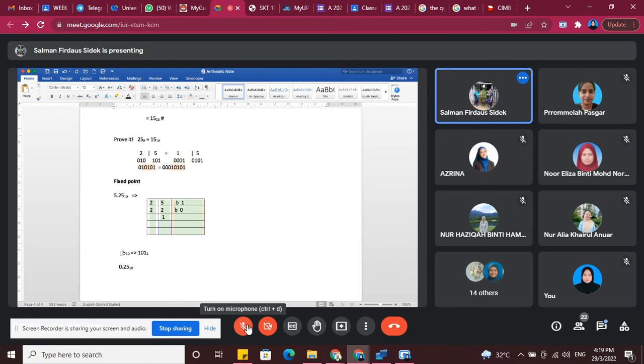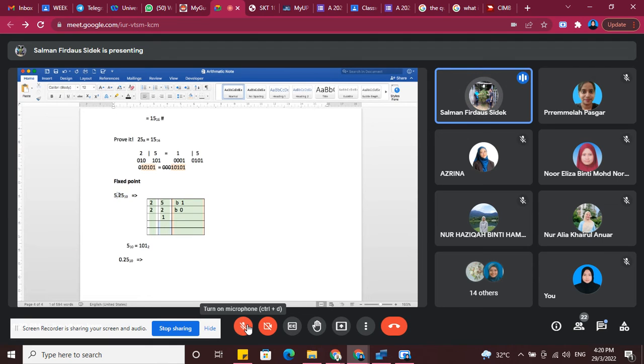And then 0.25. Kalau nombor before the point we use division, so the number after the point we use what technique? Kalau 5 kita guna bahagi 2. Kalau 0.25 nak guna teknik apa?